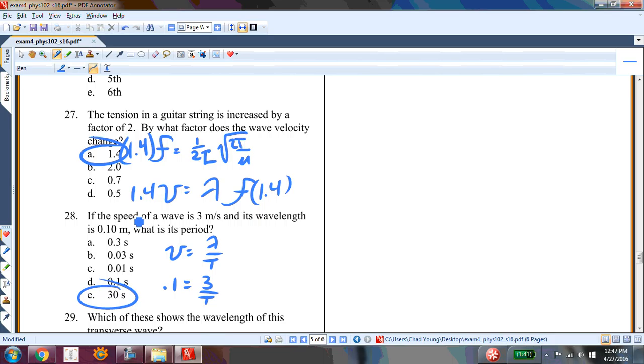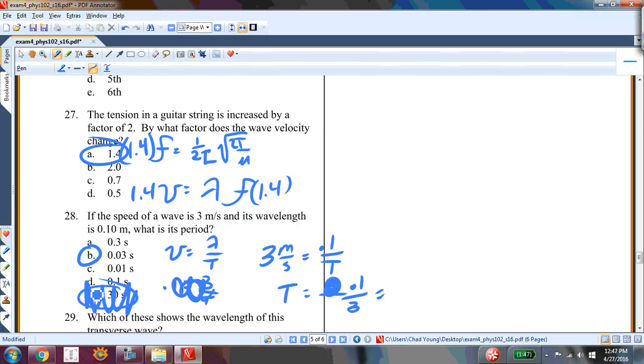No, I'm sorry. So V is 3 meters per second. Wavelength is 0.1 over t, and then I solve this for t, so it's 0.1 divided by 3, which is 0.03 seconds. So it's not E, I'm sorry, it's 0.03.